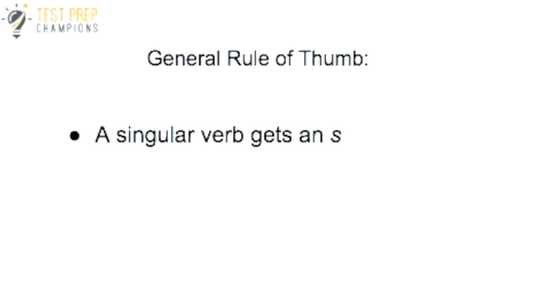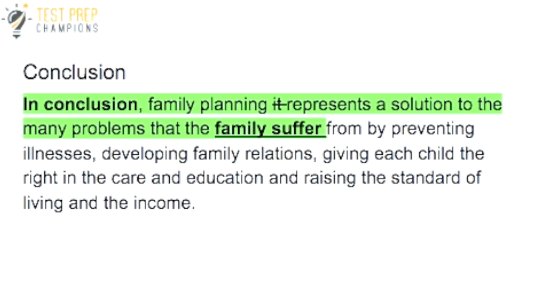Collective nouns are typically going to be paired with singular verbs. Remember again that singular verbs are, as a rule of thumb, going to get an S after them. Since family is a collective noun, it's going to get paired with a singular verb, and singular verbs get that S at the end of them. So we want to change this to say that the family suffers.